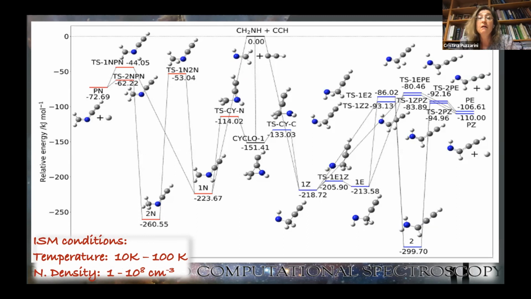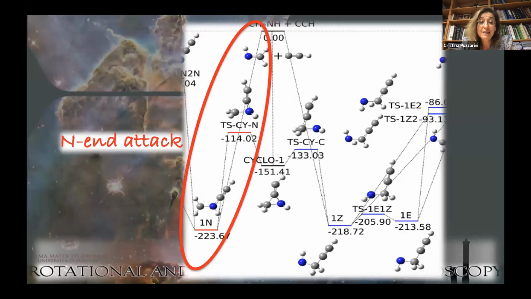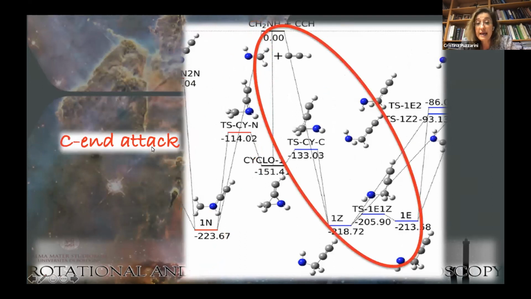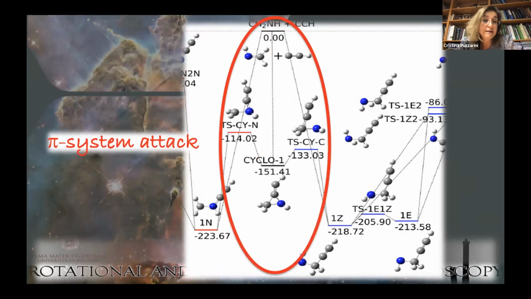They cannot count on external thermal energy. And so all the barriers should be submerged in order to be overcome. In this case, we have three possible attacks. So our radical can attack the N end of methanamine, the C end, and even the pi system. But the pi system then relaxes to the other two paths.